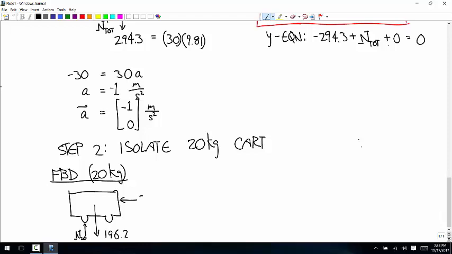So over here is a 30 Newton force. There's nothing applied to the top. And then when you get over here, there's a pushing contact from the 10 kilogram cart. So I'll write this as a pushing force. I'll just call it F.